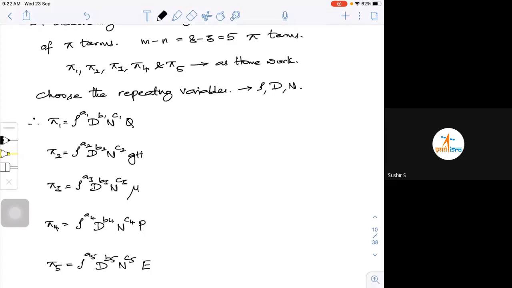Put pi 1 equal to M to the power of 0, L to the power of 0, T to the power of 0 on the left hand side, equal to the dimensions of rho to the power of a1, the dimensions of D to the power of b1, and the dimensions of Q to the power of nothing. Then equate all the M terms, L terms and T terms, and find the constants a1, b1, c1. Similarly, a2, b2, c2, a3, b3, c3, a4, b4, c4, a5, b5, c5.